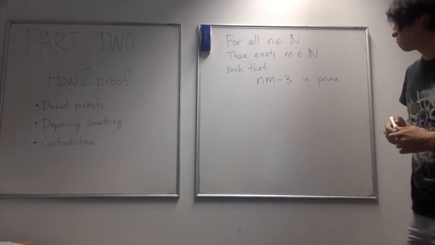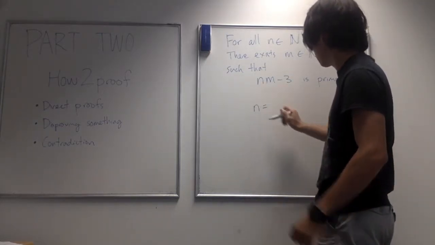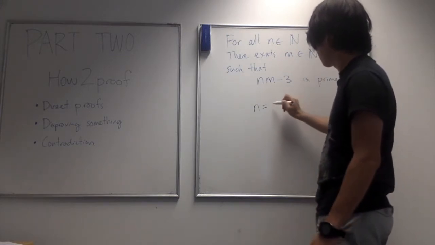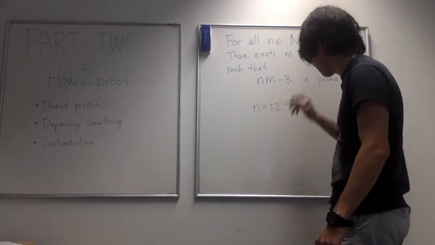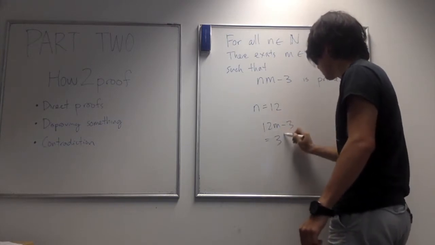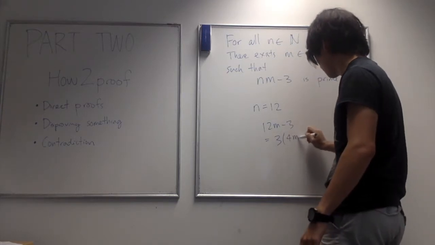So in this case, choose something like n equals, I don't know, like 12, and then you have 12m minus 3, which equals 3 times (4m minus 1).